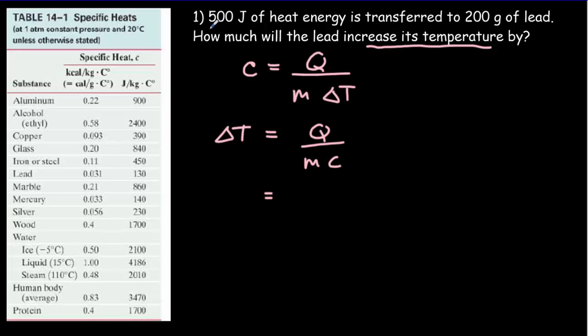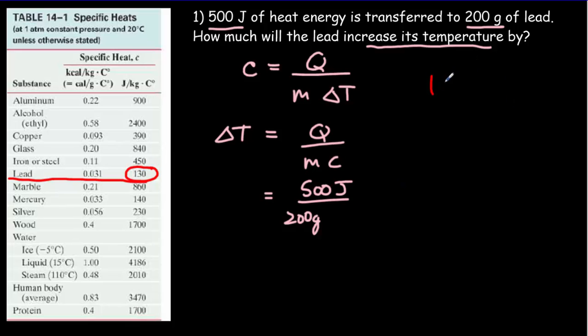The heat added, well, we've got 500 joules of heat being added. Our mass is 200 grams. Now, be careful about the units because we're dealing with joules and grams here. When we look at our table for lead, we get a value in joules per kilogram. It's 130 joules per kilogram. Of course, it's going to take a lot less energy to raise just a gram by 1 degree Celsius.